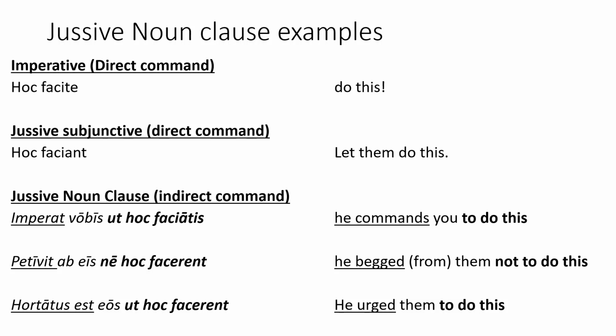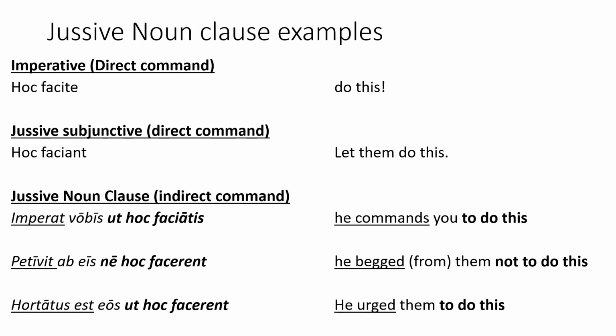Our next example is petiit ab eis ne hoc facerent. The special head verb of asking, commanding, or requesting is petiit, he begged. Peto is odd in that when you are asking for something from someone, you use an ablative of separation, which is why the object is ab eis. However, this can just be translated as them to make the sentence make more sense. Now we move on to the subordinate clause, this time introduced by ne and including the imperfect subjunctive facerent.